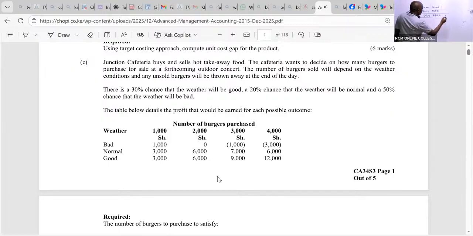Then row number 3, from column 3: minus 1,000, 7,000, 9,000, 9,000. Then row number 4, from column 4: minus 3,000, 6,000, and 12,000.